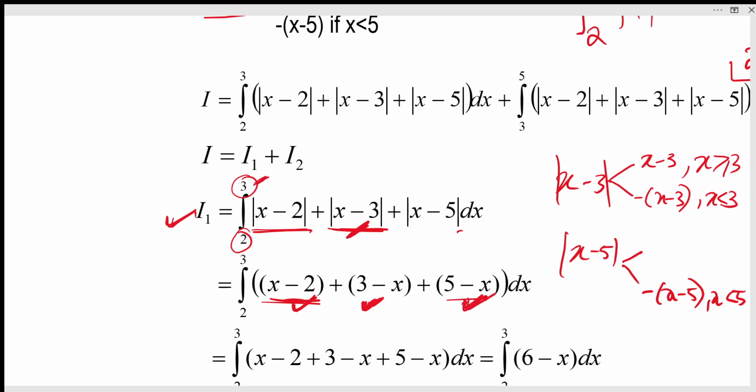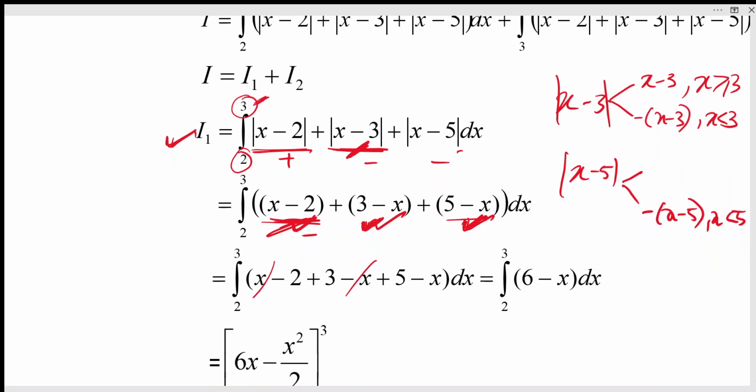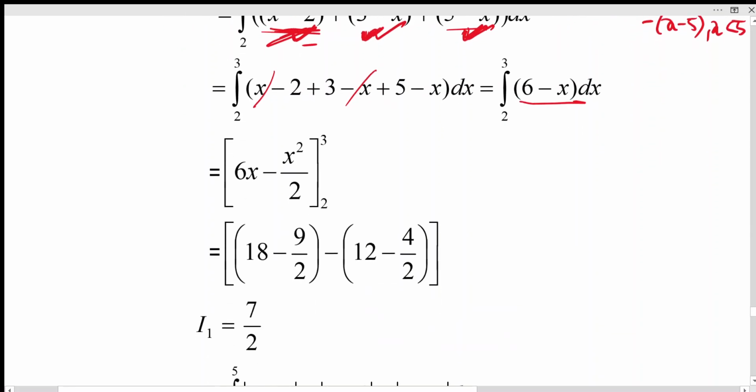So this is positive, negative, negative. Just simplify it. x and x will be cancelled. Just simplify, put the limits, integrate, and you will get the answer.